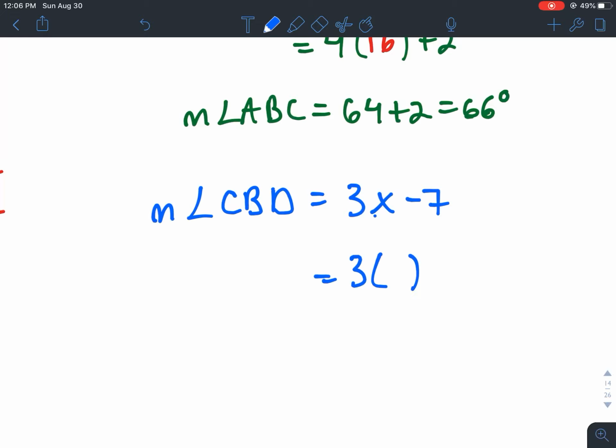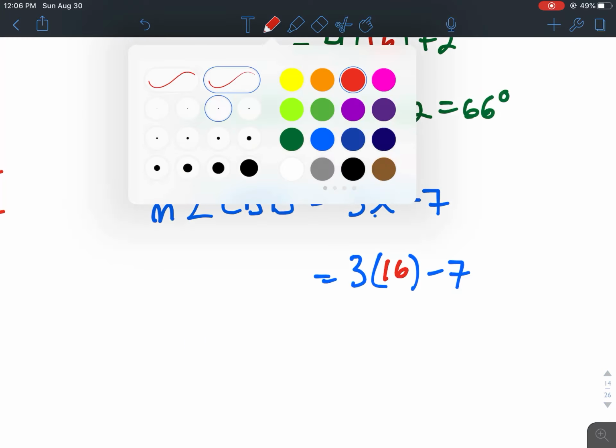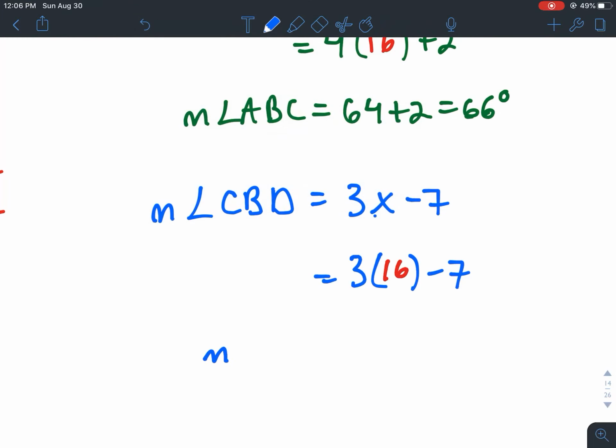So 3 times a number minus 7, and that number was 16. So 3 times 16 is 48. So the measure of angle CBD is 48 minus 7, which is 41 degrees.